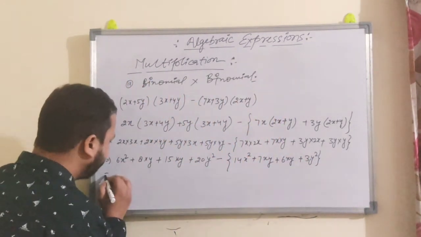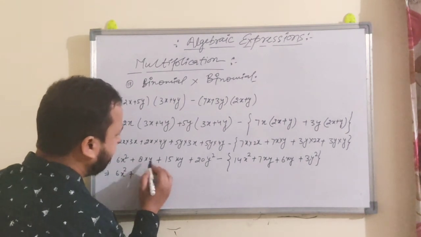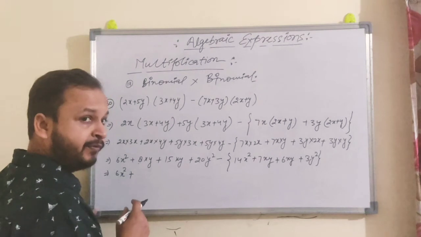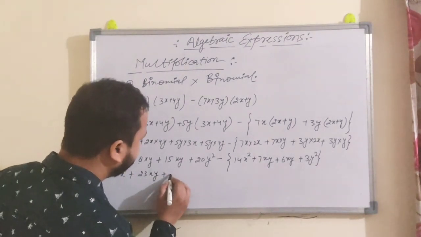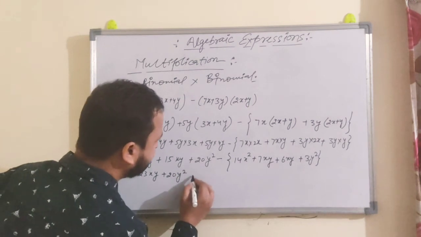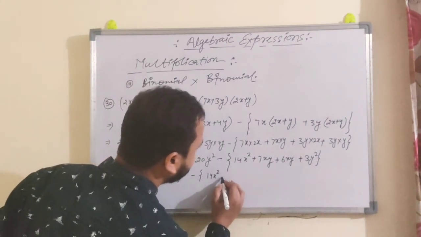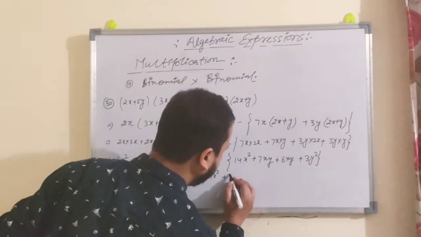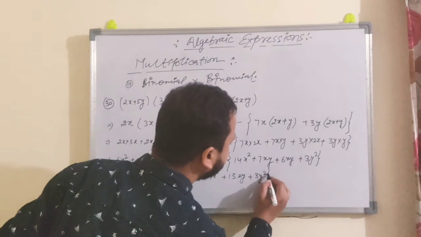Add the common terms. 6x square plus 8 plus 15, 23xy plus 20y square, minus in a bracket 14x square plus 7 plus 6, 13xy plus 3y square.